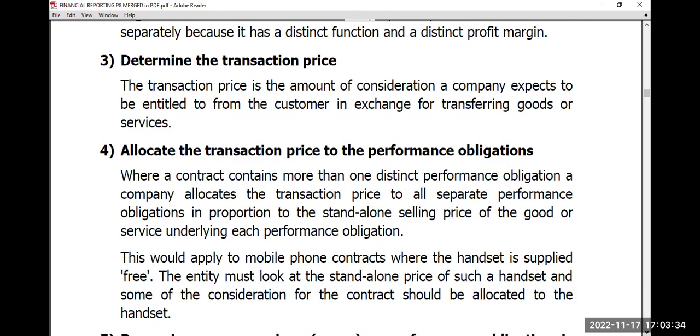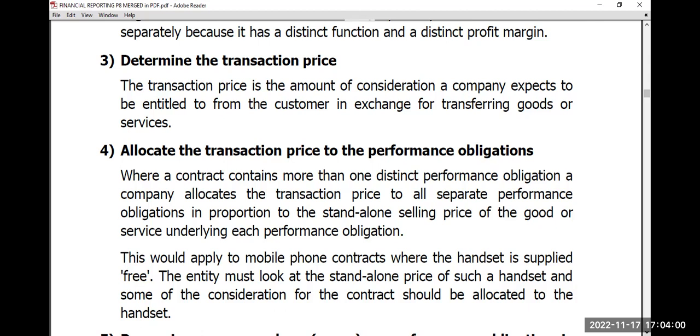Remember, in the second step, we looked at what items the seller is going to deliver to the customer. But in the third step, we are looking at how much the buyer is going to pay the seller for the goods and services that the person has actually received.